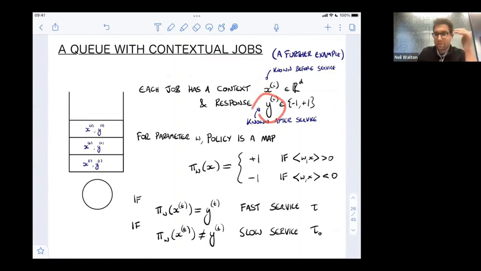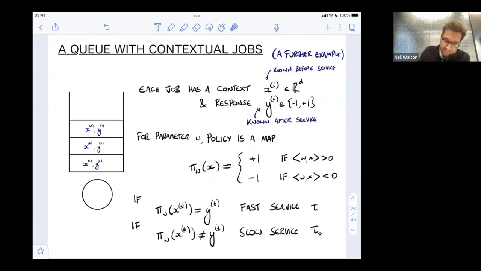So the response here I give as a +1 or a -1, okay, meaning a -1 customer, I serve them in a -1 way, a +1 customer, I want to serve them in a +1 way, okay? And here, a policy is essentially a linear map from a set of weights on the context to either a +1 or a -1, okay?